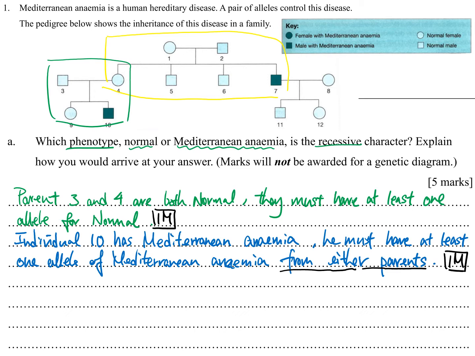For the third mark, you have to tell me, so that means for the parents 3 or 4, they have a normal allele, and they might also have an allele for the anemia. That means at least one of the parents is heterozygote. You get the third mark.